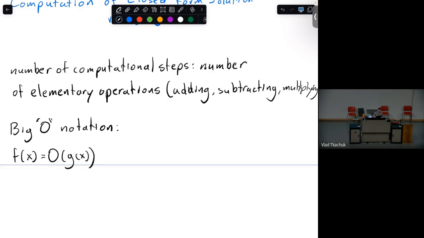This means that f of x is less than or equal to some constant c times g of x for all x greater than some x naught. The high level thing in words is that your function f of x becomes dominated by, or is less than, some function g of x after some point x naught. And you can scale the g of x function by some amount.